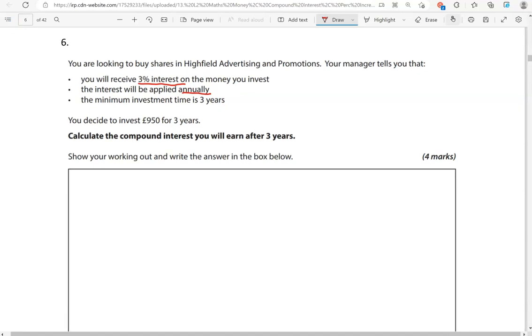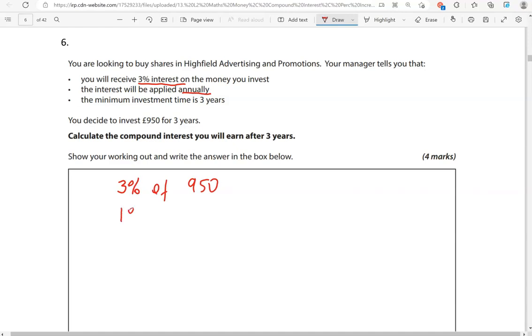This question is very similar to the previous one that we've done. So we've got a £950 investment. We're going to work out 3% of 950.